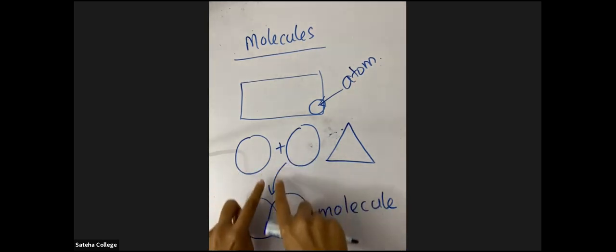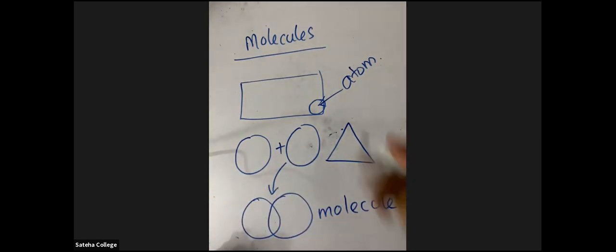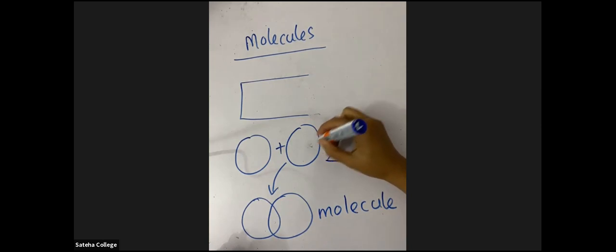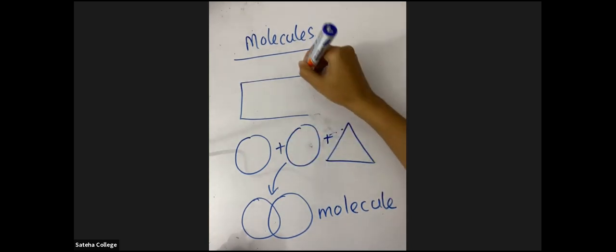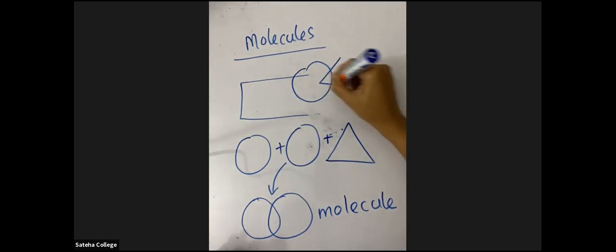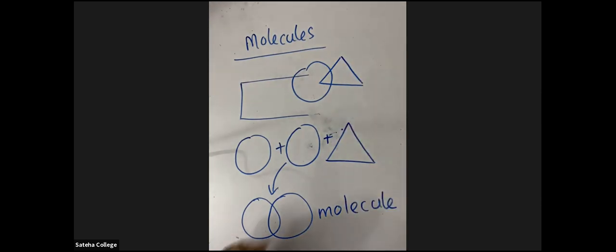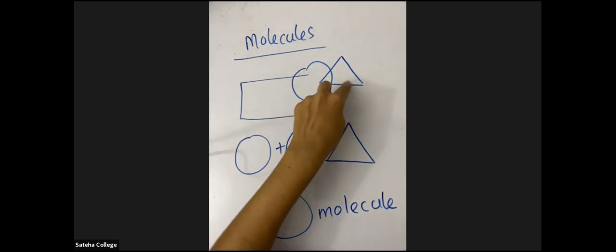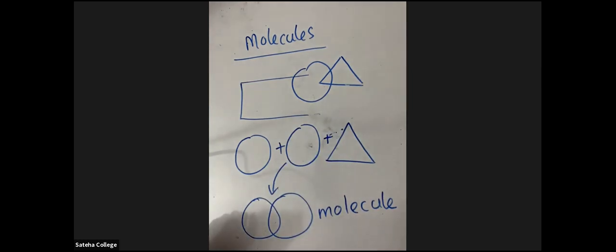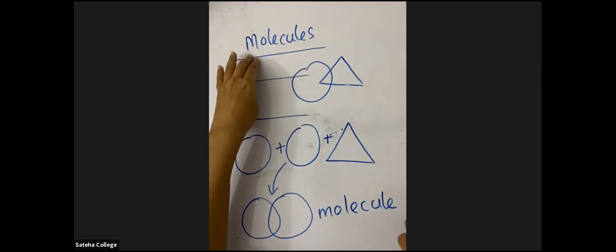You can have two similar atoms joining together, or you can have the circle joined with the triangle. Are they similar atoms? No, they are not similar atoms. So what is a molecule?